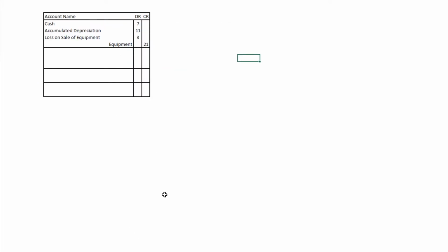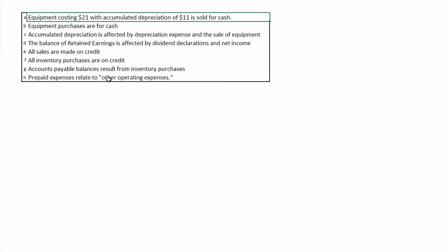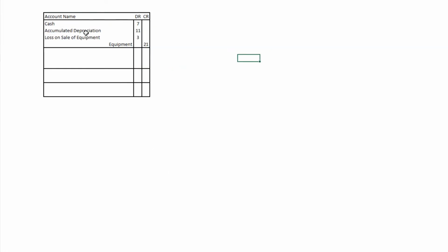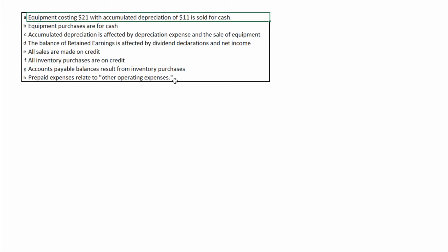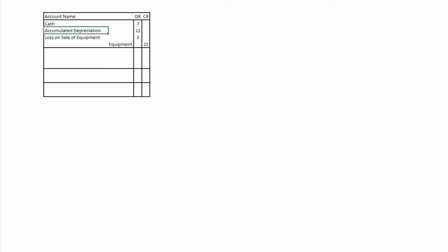We remove the 21 that's inside the information, and accumulated depreciation 11 is also in the additional information. And then we also have the loss on sale of equipment, which comes from the income statement right there. And then we just plug this, the 7, to make the debits equal to credits. So if you add these three numbers, it equals 21.